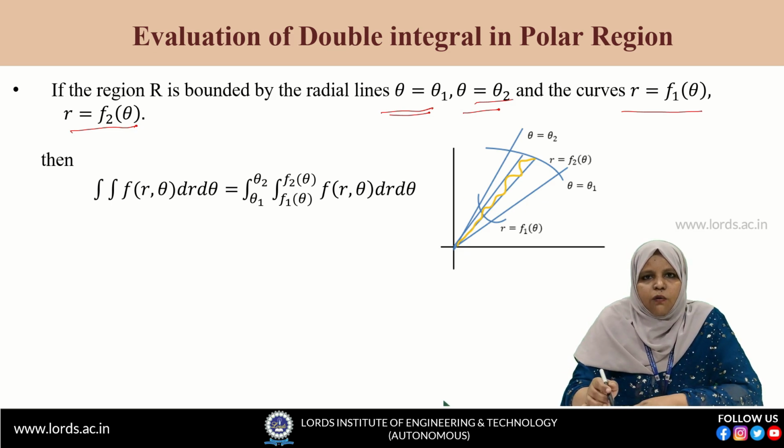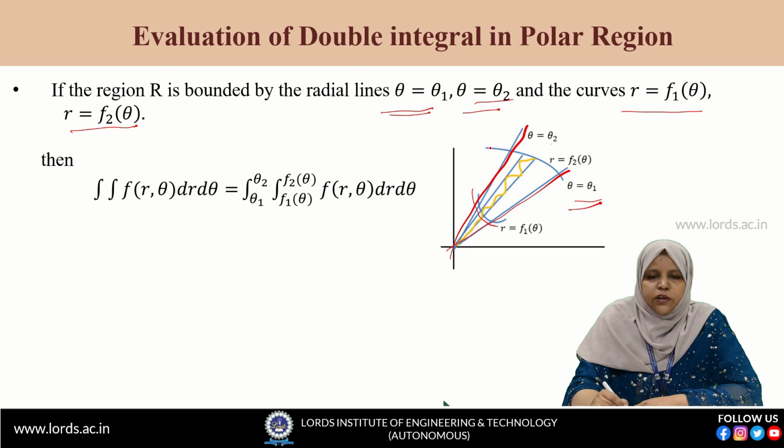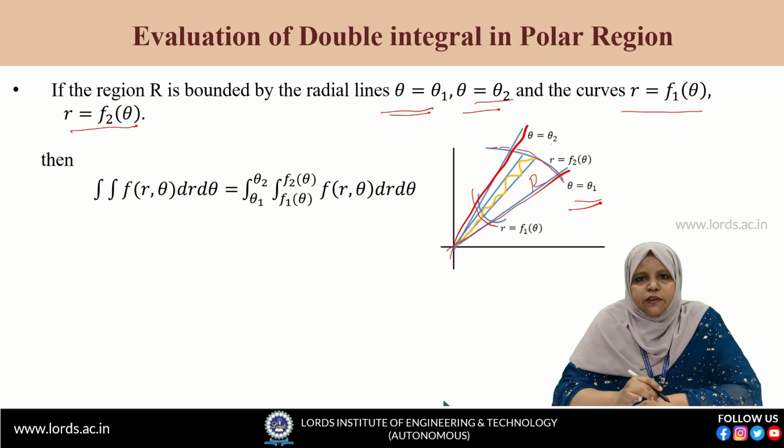The same way how we have plotted the region, here also in the polar region you have to plot the region. So for plotting the region, I have drawn the radial lines theta is equal to theta 1 and theta is equal to theta 2 and the curves r is equal to f1 of theta, r is equal to f2 of theta. So this is the region we have got.